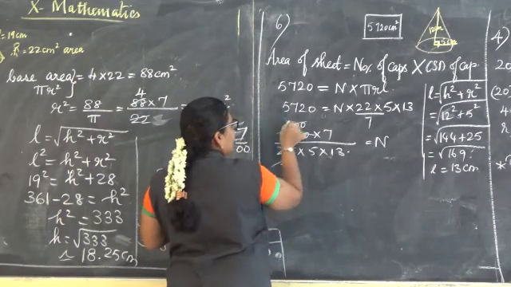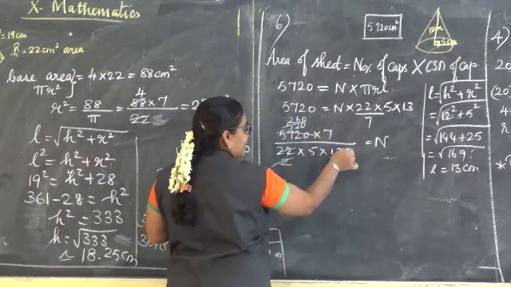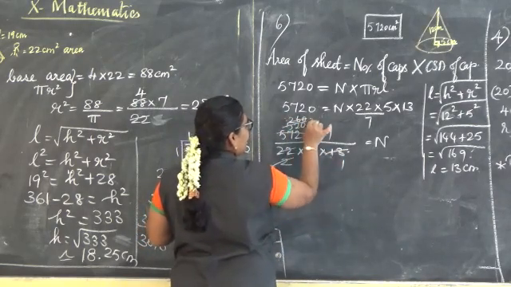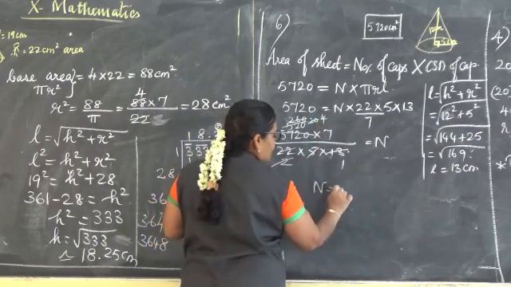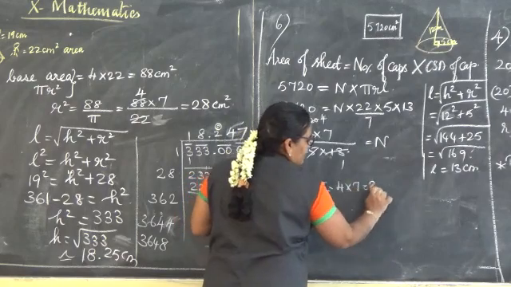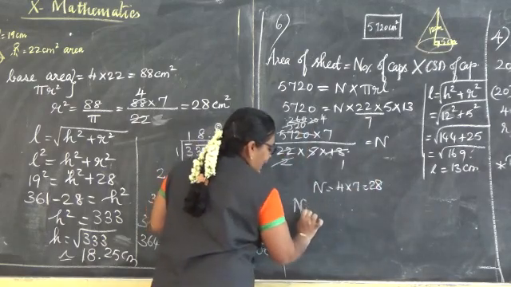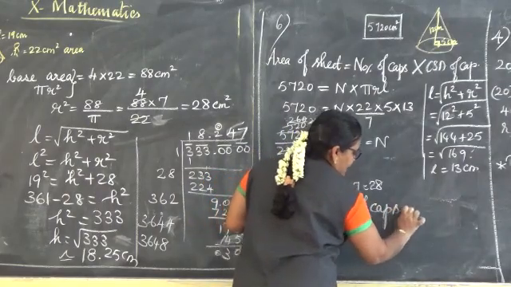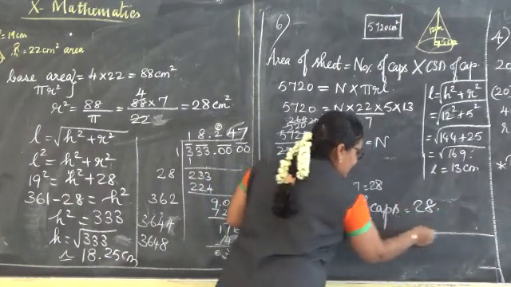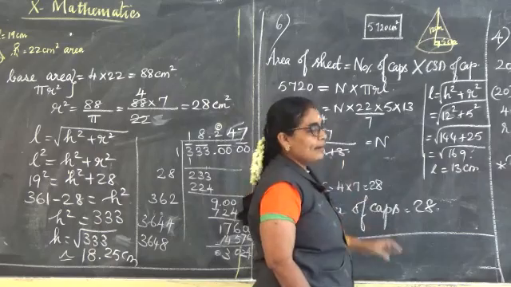Then again 2 table, it will become 260. Then 13th table, it will be 20. Then 5 table, it will become 4. So n is equal to 4 into 7, which is equal to 28. So number of caps is equal to 28 caps the girl prepared for her birthday.